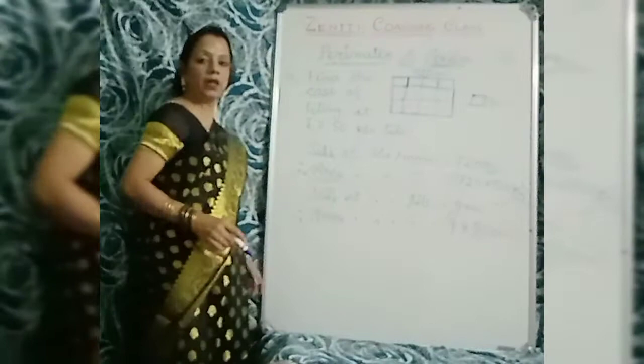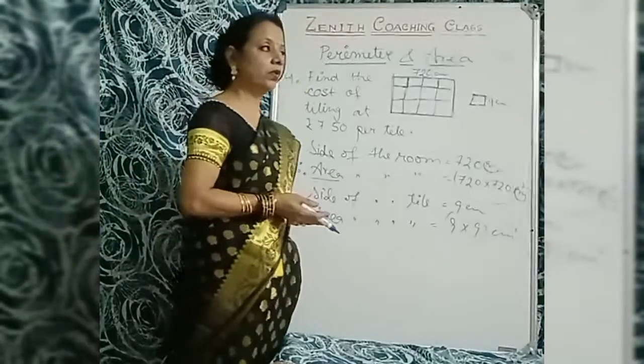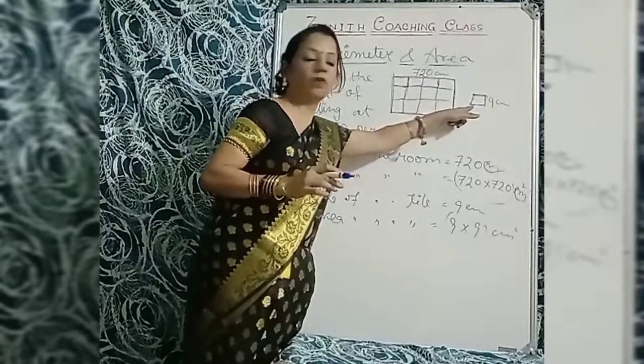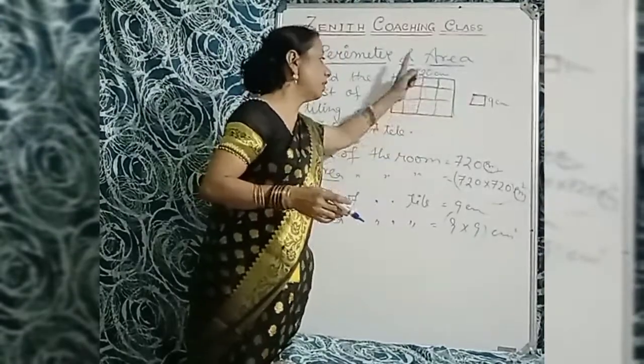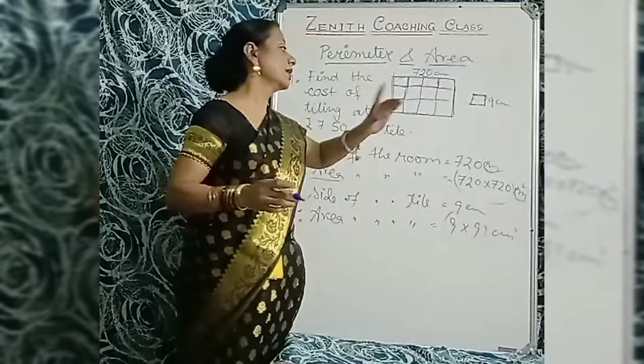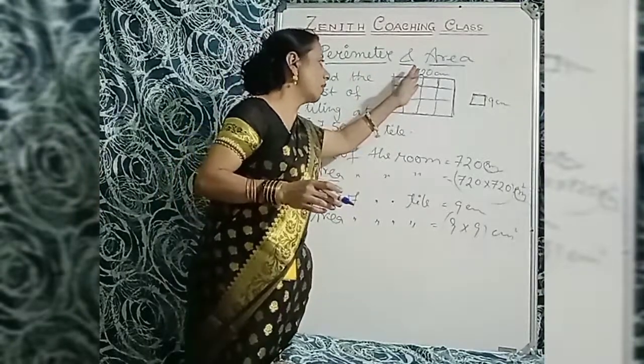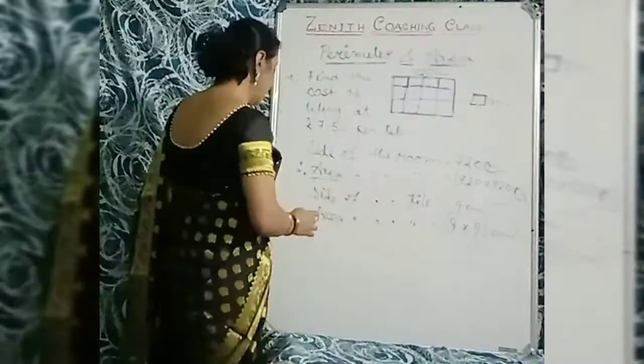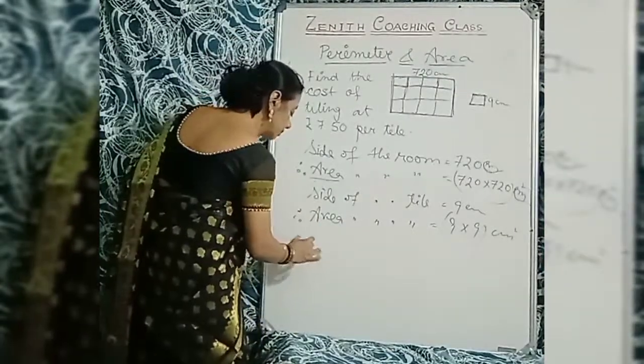To find the number of tiles, what do you have to do? You have to divide the area of the room by the area of one tile, that is, area of the bigger square divided by area of the smaller square.